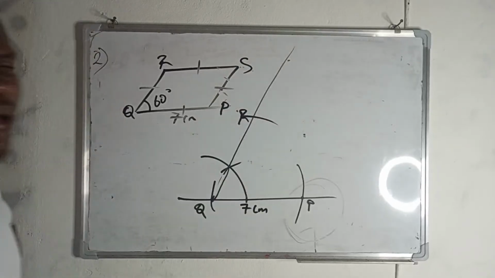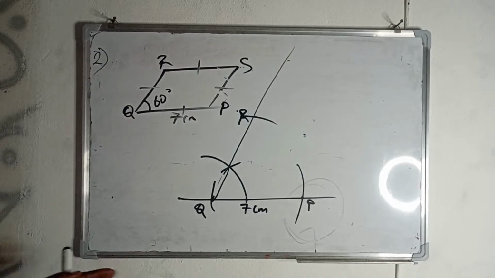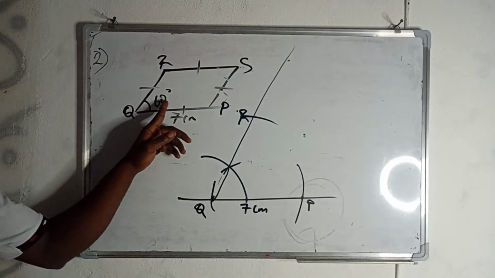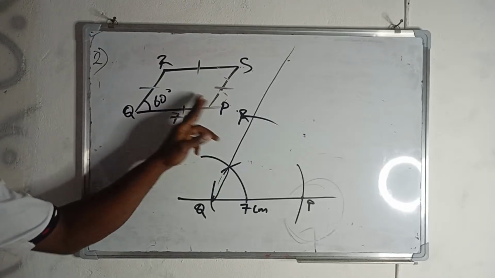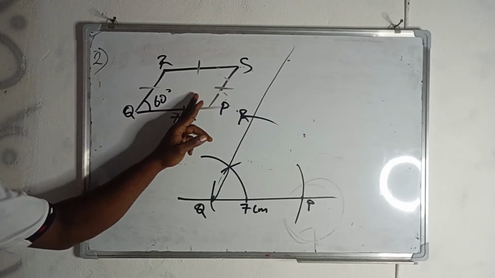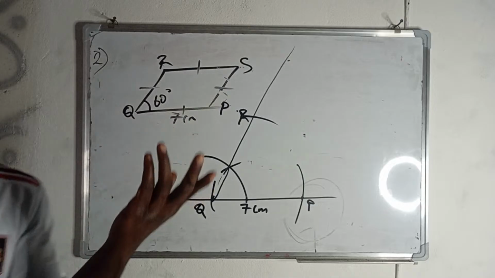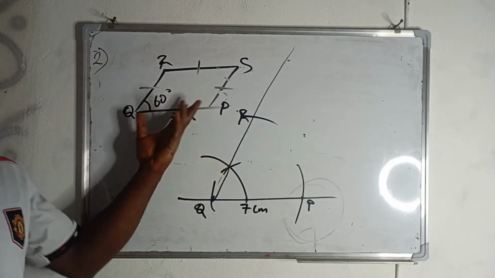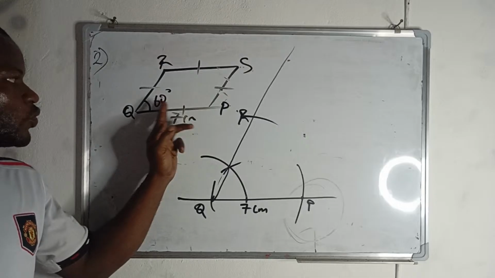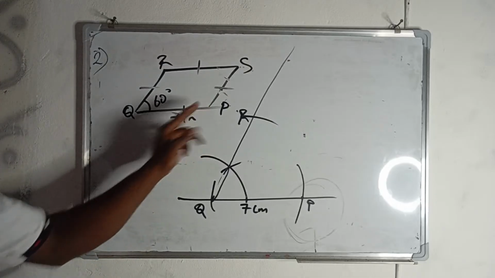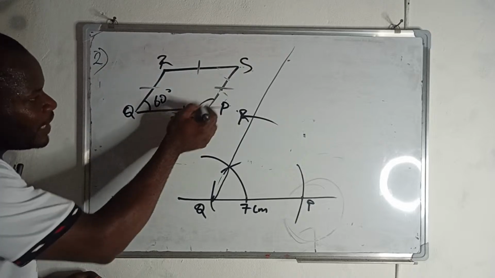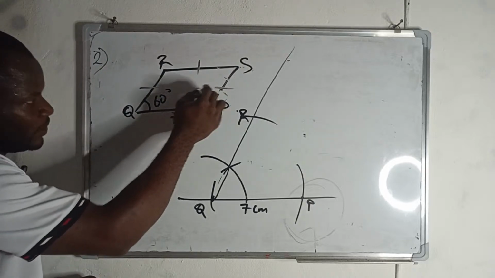Now we have two methods of constructing a rhombus. Remember, since this is 60 degrees, the opposite interior angles are supplementary to each other. So what I simply mean is that when you add these two angles together, they're going to give you 180, which means that here will give us 120.